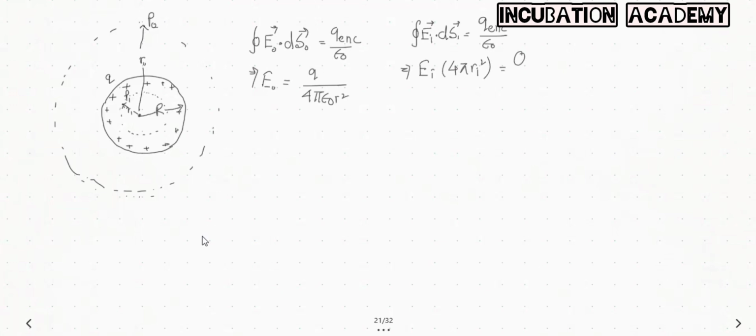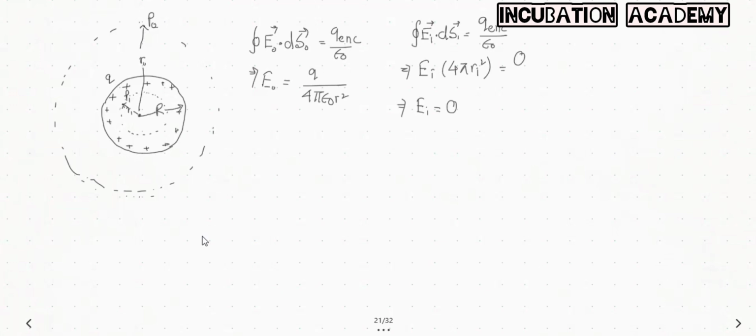Q enclosed will be 0, as this Gaussian surface does not enclose any charge. As Q enclosed is 0, the right hand side is 0. So very simply, Ei, the electric field at any point inside the spherical shell, will be 0.